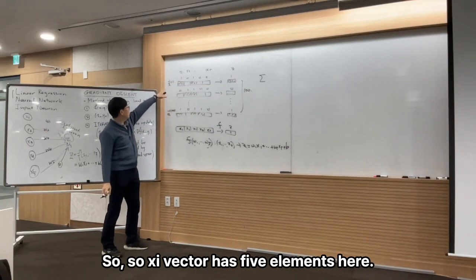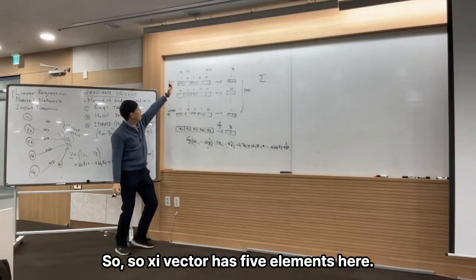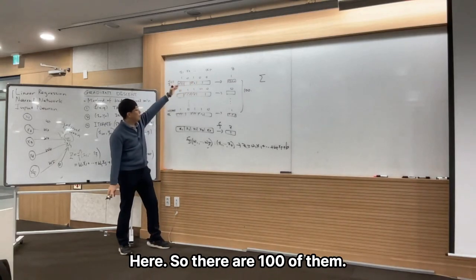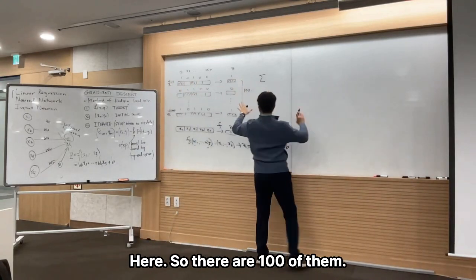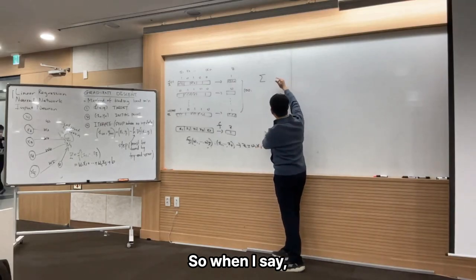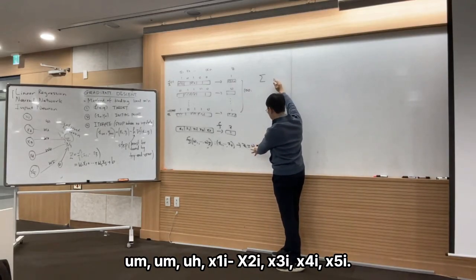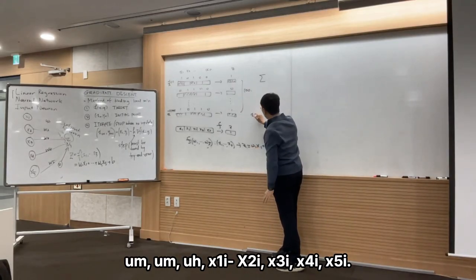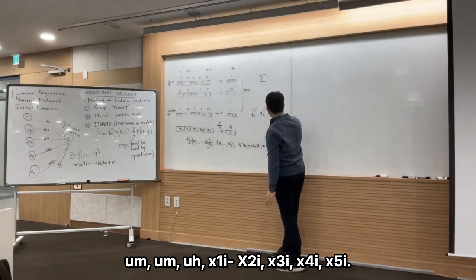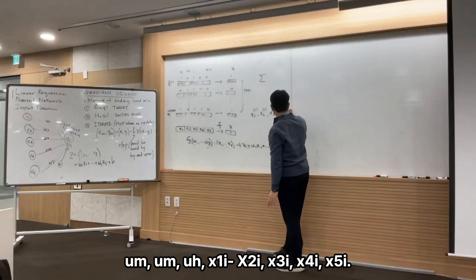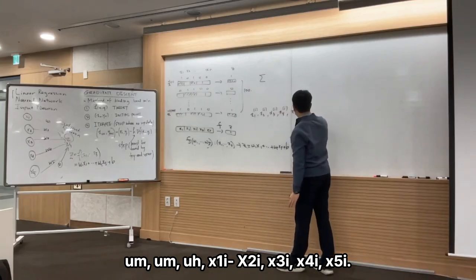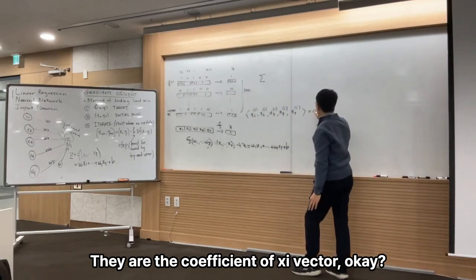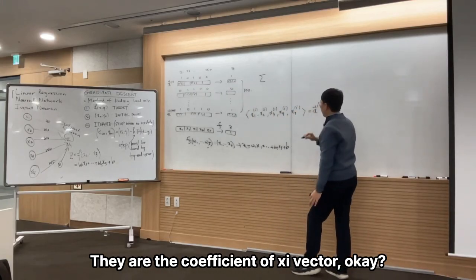So xi vector has 5 elements here. So there are 100 of them. So when I say x1i, x2i, x3i, x4i, x5i, they are the coefficients of xi vector, okay?